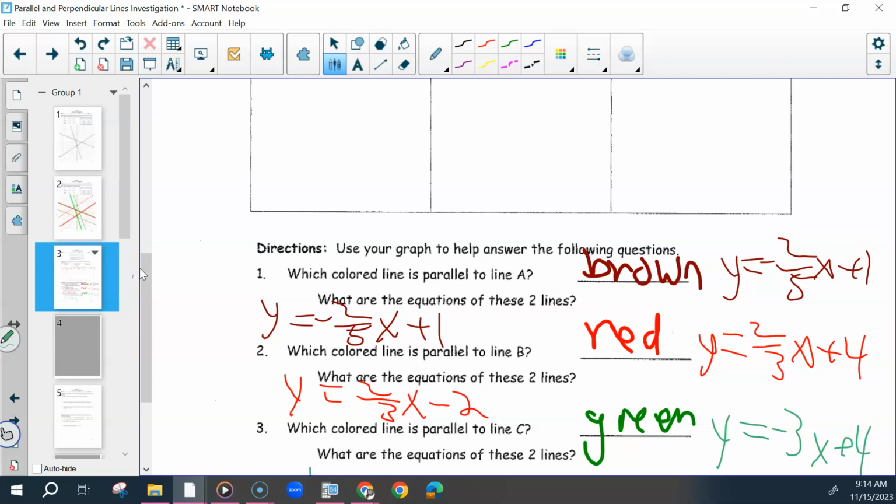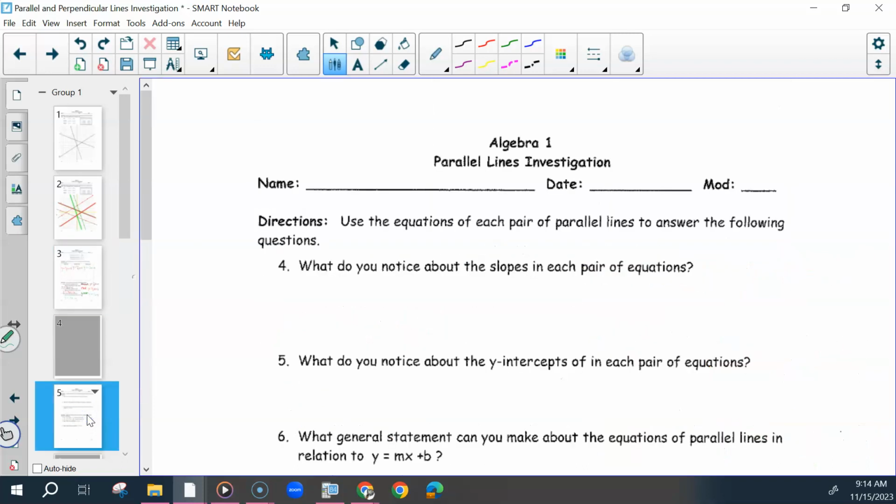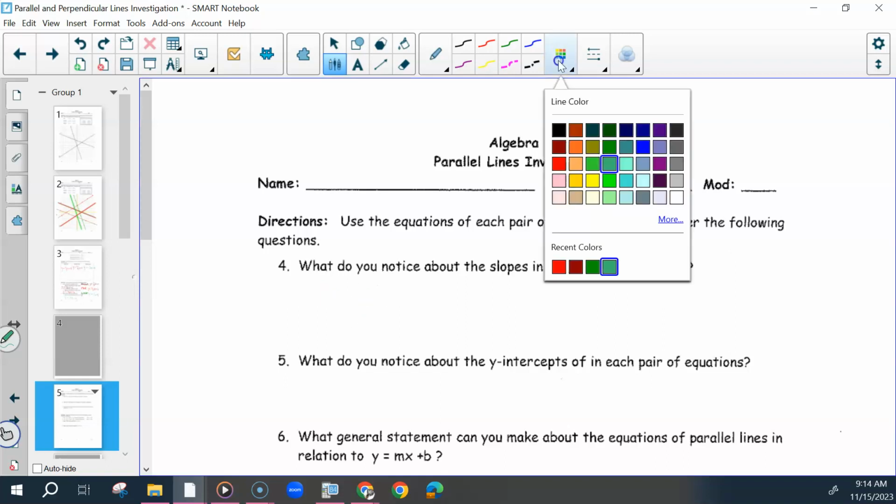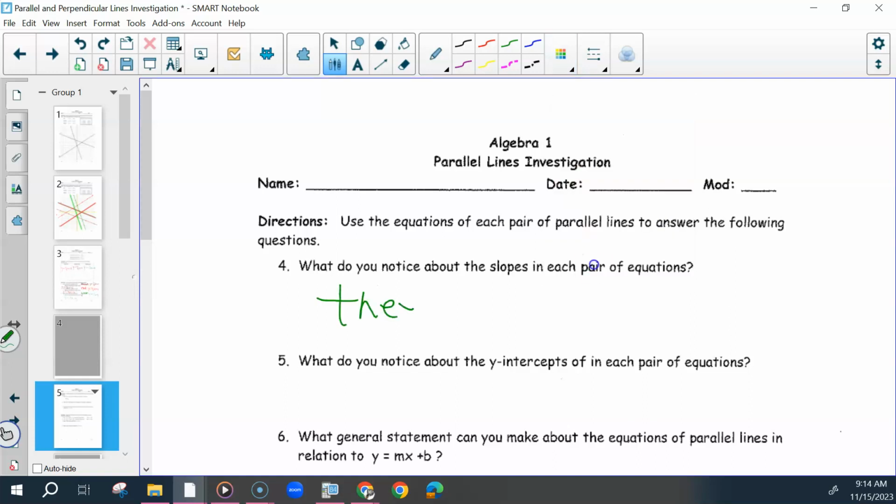But rise over run, the whole thing is the same, yes. So if you say rise over run or the slopes are the same, if you had something along the lines of the slopes are the same, you found the correct thing. If you had anything else, erase it.